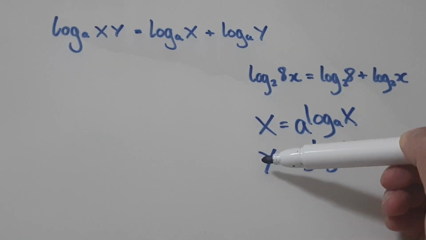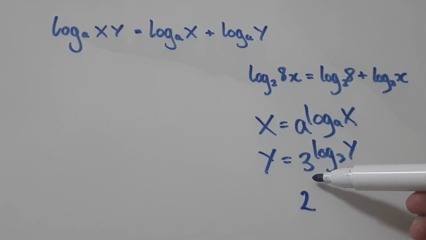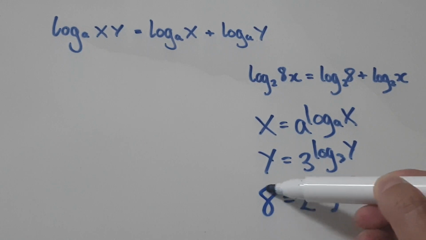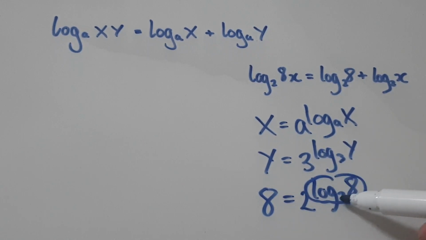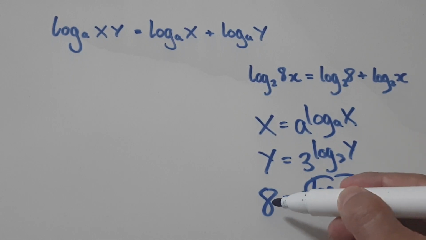This whole thing here is y, and for example, 2^(log base 2 of 8), that is the same as the number 8, because if you think about it, this log base 2 of 8 is the number 3. 2 to the power of 3 is 8.